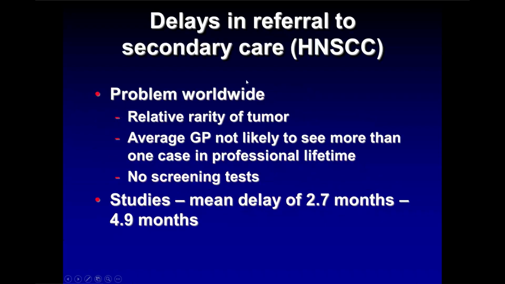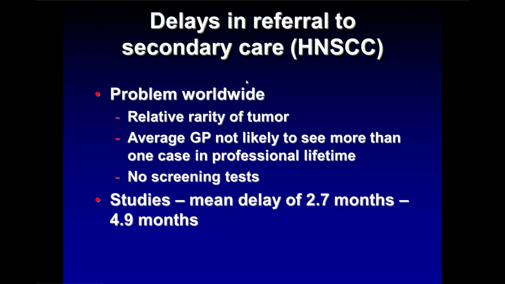Delays in referral to secondary care for head and neck squamous cell carcinoma are a problem worldwide, and part of it is due to the relative rarity of the tumor. As a group, head and neck cancers are approximately the sixth most common malignancy. However, many practitioners will not see it in their professional lifetime.